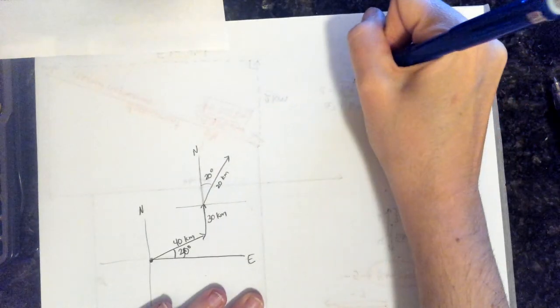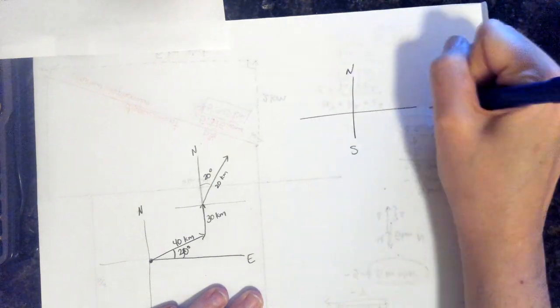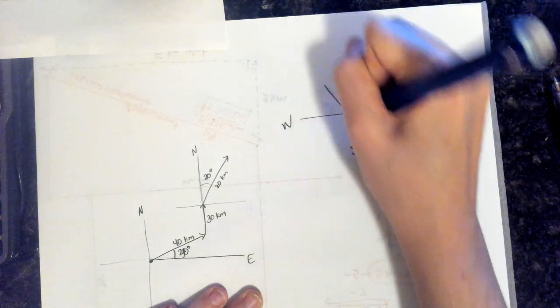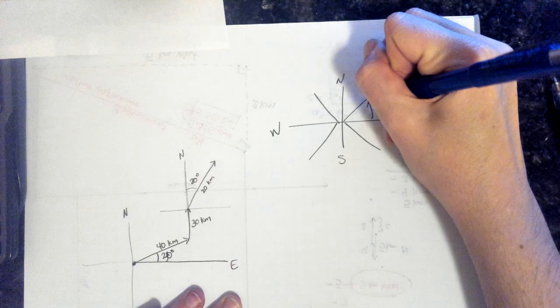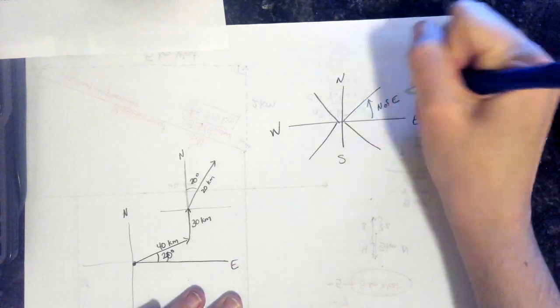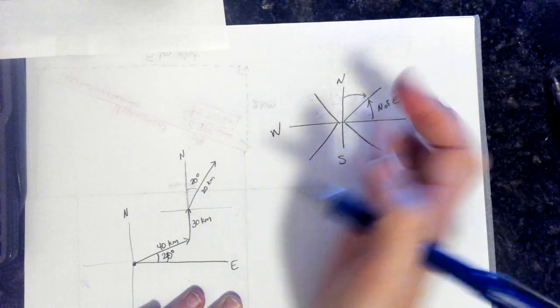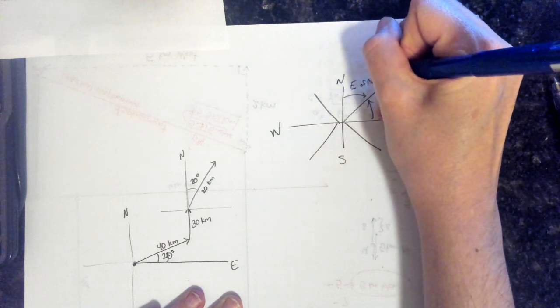So let me, just in case this is still a little confusing, draw north, south, east, west. Some different angles. This one was north of east. This one, if we measure from that way, is east of north.